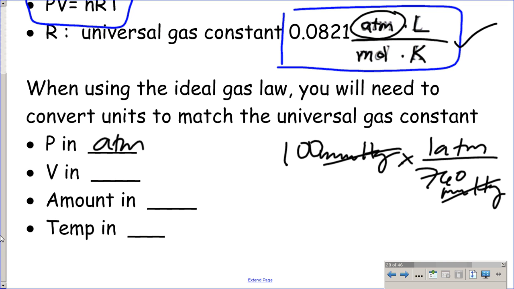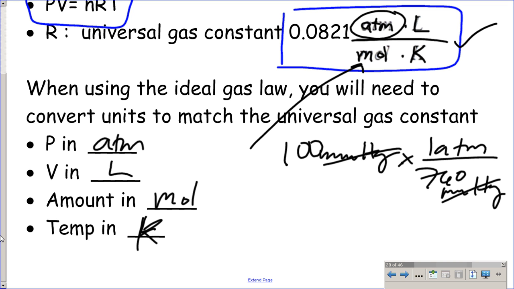Volume then must be in what according to the gas law constant? Liters. Amount must be in moles, not grams. I might give you grams, but you've got to go to moles. And temperature must be in Kelvin. So pretty much all of these match those units there. Now that is one big honking constant, so I'll practice with that one with you.